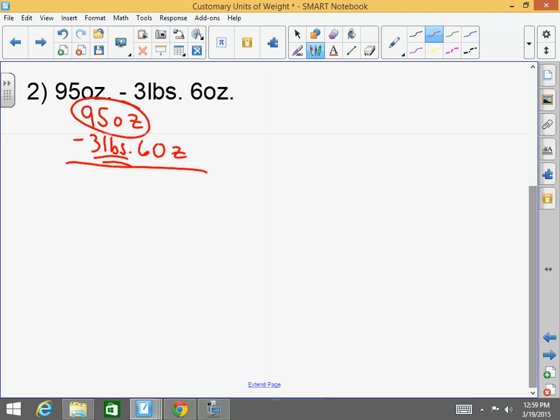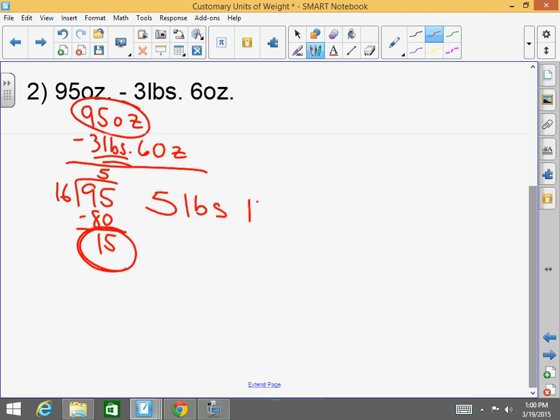In order to turn 95 ounces into pounds and ounces, how many ounces in a pound? So I'm going to divide by 16. 6 will not be too much, so we're just going to go 5, and that's going to be 80. So I've got 15 left, right? So 16 goes into 95 5 whole times. So 95 ounces gives me 5 pounds and 15 ounces left over.